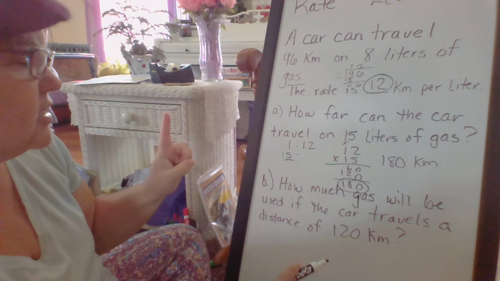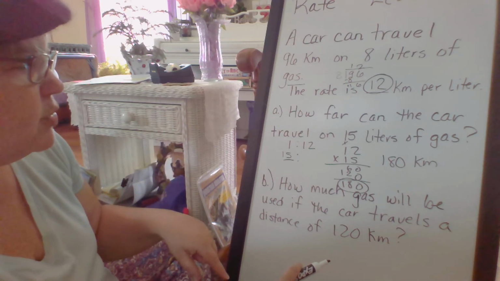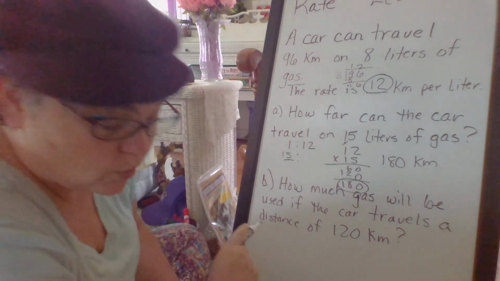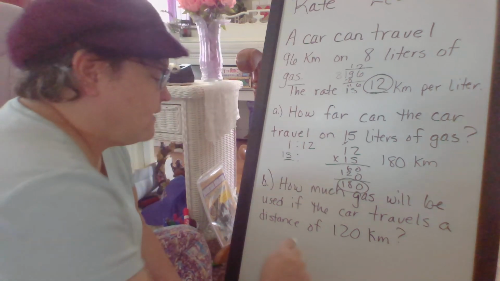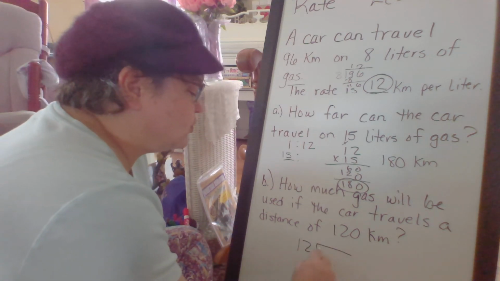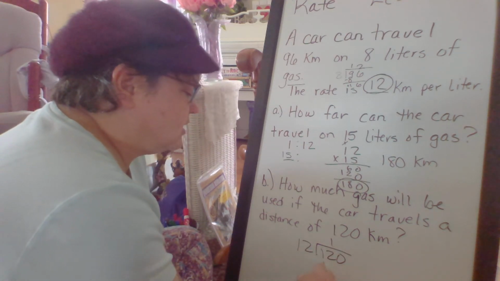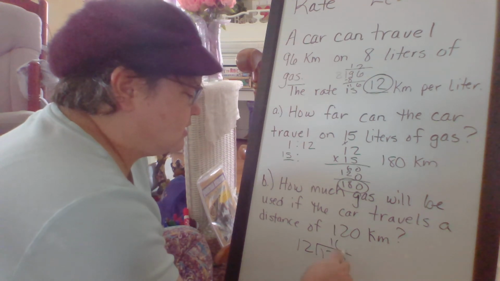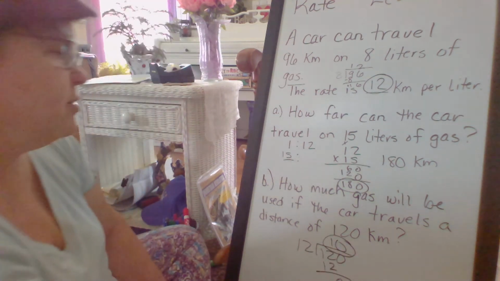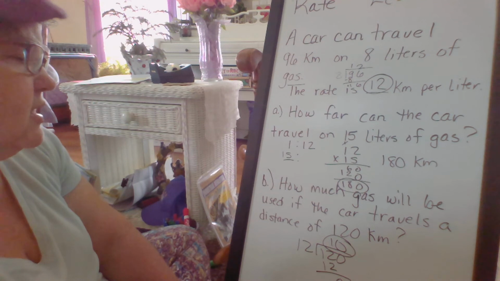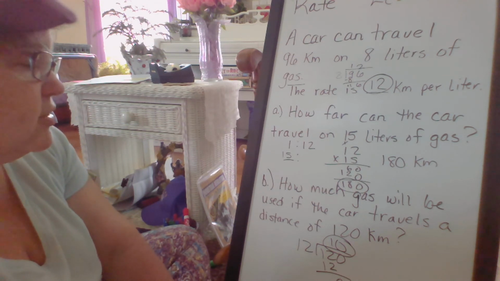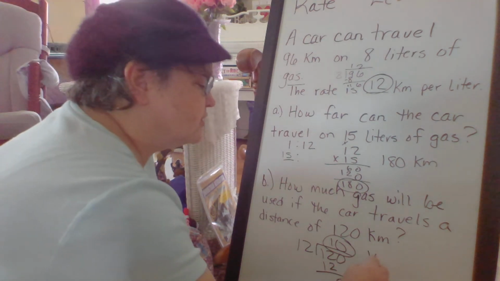So how much gas is going to be used? We've got to put 12 into 120. Well, 12 into 120 is 10. So how much gas will be used if the car travels a distance of 120 kilometers? We're going to need 10 liters of gas.